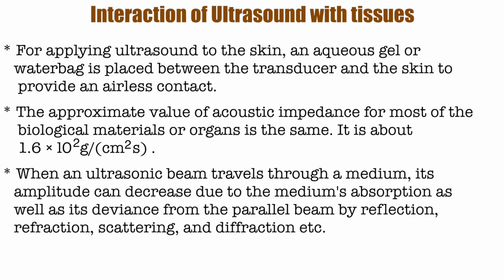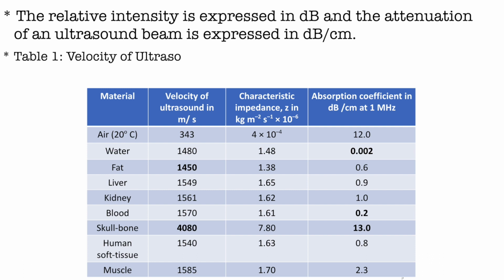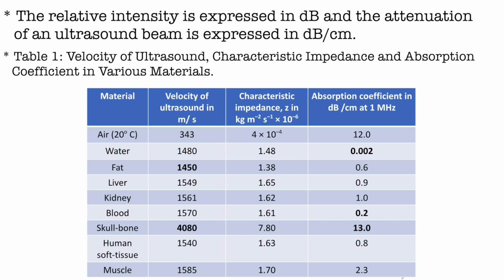When an ultrasonic beam travels through a medium, its amplitude can decrease due to the medium's absorption as well as its deviance from the parallel beam by reflection, refraction, scattering and diffraction, etc. The relative intensity is expressed in decibel and the attenuation of an ultrasound beam is expressed in decibel per centimeter. Table 1 shows velocity of ultrasound, characteristic impedance and absorption coefficient in various materials.